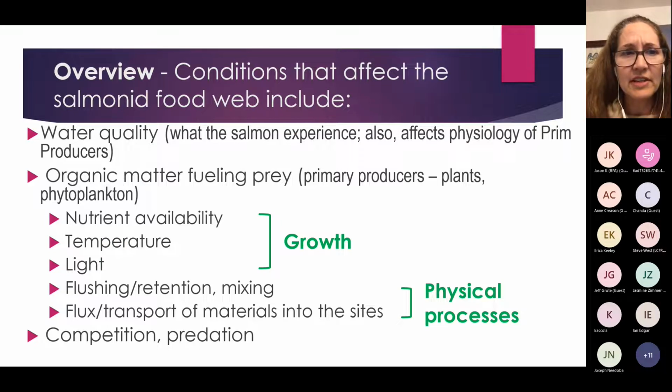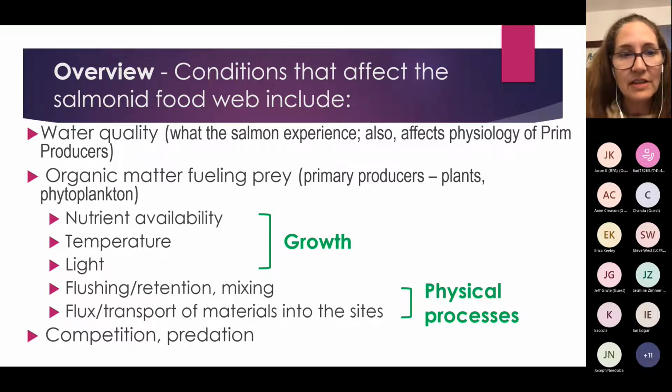As an overview, the conditions that affect the salmon food web include water quality. That's what the salmon experience. So we had some nice discussions among the group about the importance of dissolved oxygen and pH. That also affects the physiology of primary producers, which was also covered a little bit through what Sneha had to say. I'm thinking about the organic matter fueling prey. That's the primary producers, including plants and phytoplankton in the water. And we measure nutrient availability, or the nutrients that are there, temperature.